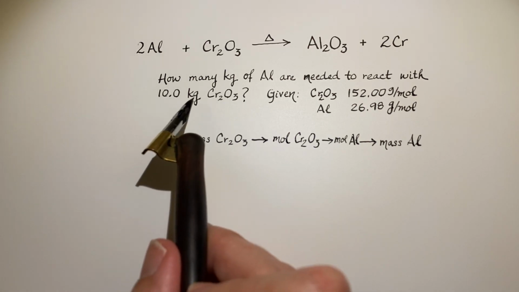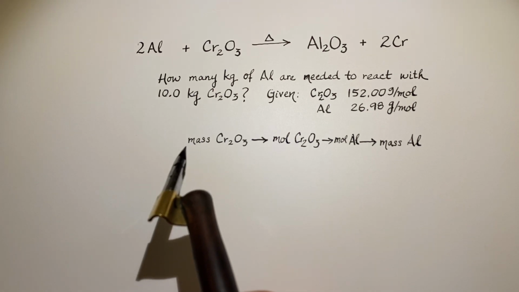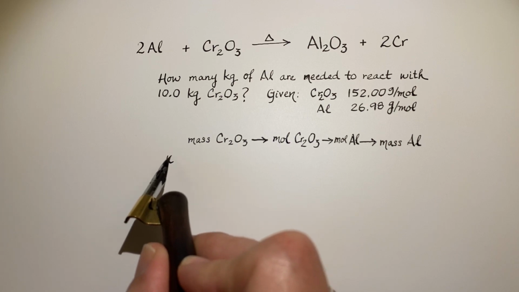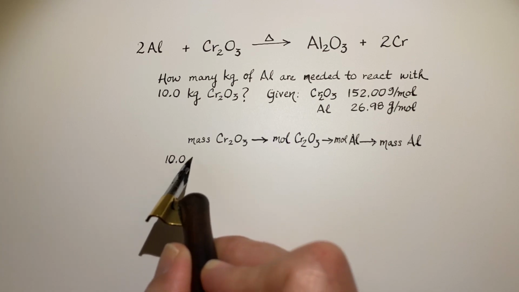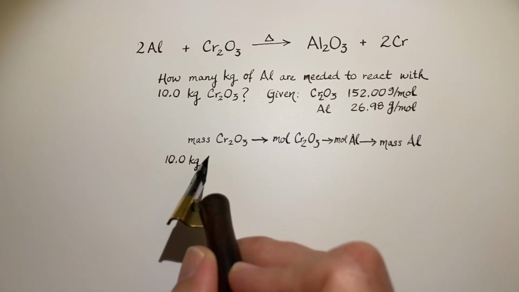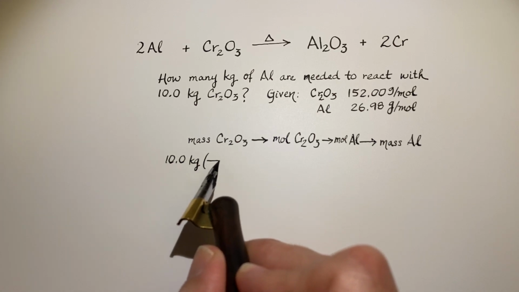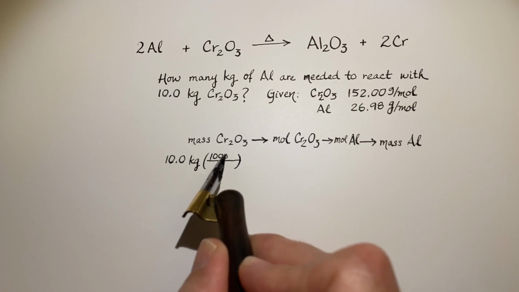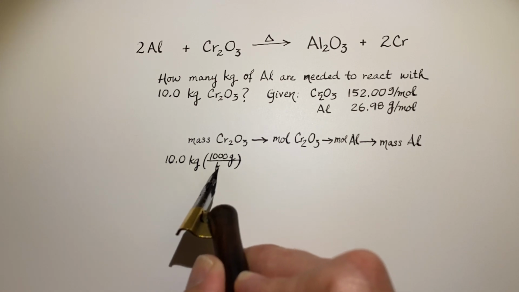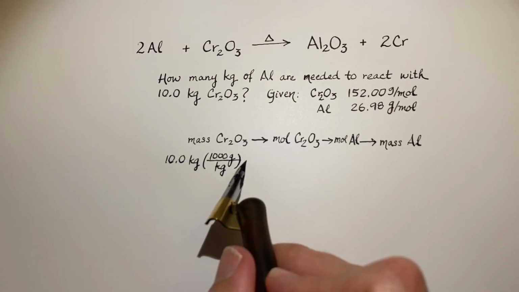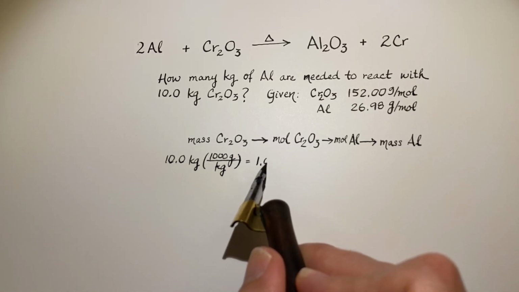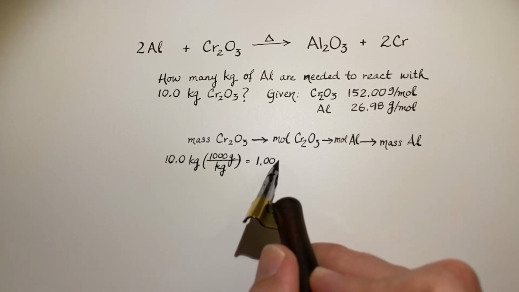So since we are given the value in kilograms, I would suggest first taking a moment to convert kilograms to grams. And remembering we have our 3 sig figs here.